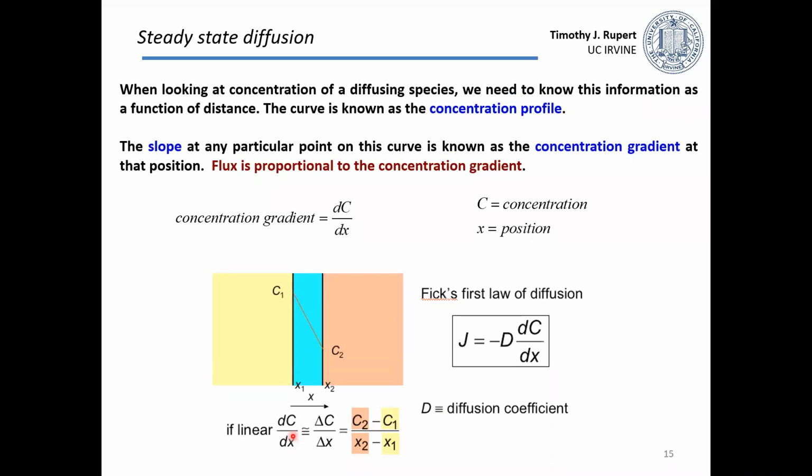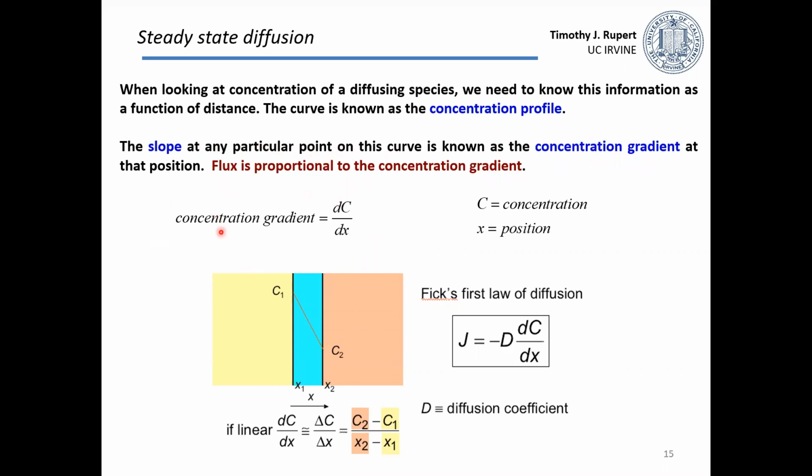We can use this type of description in many ways. What we really want to often know is what's the concentration of that diffusing species as a function of distance, and we could call that the concentration profile. So how does it change as we move toward and away from that interface? And then if you want to, you can also talk about the slope of that concentration profile, and at any point that's going to be called the concentration gradient.